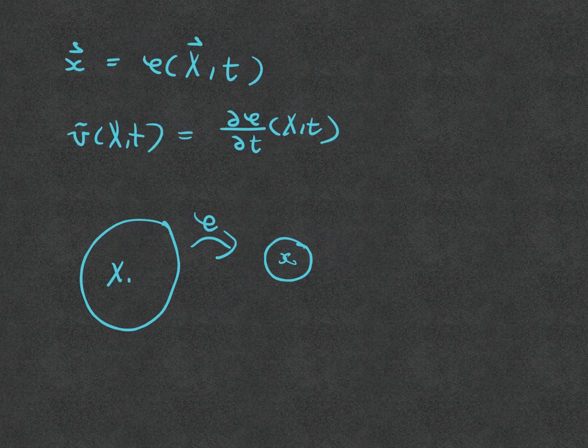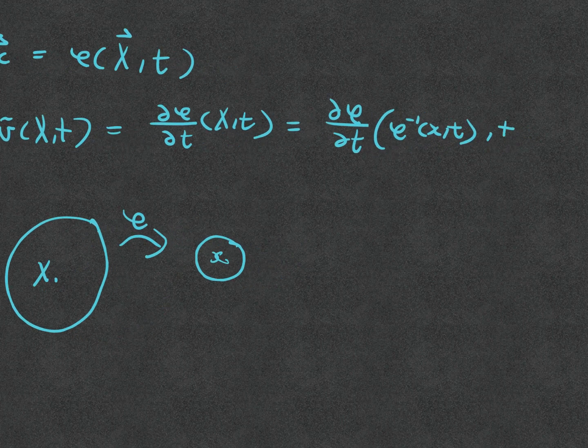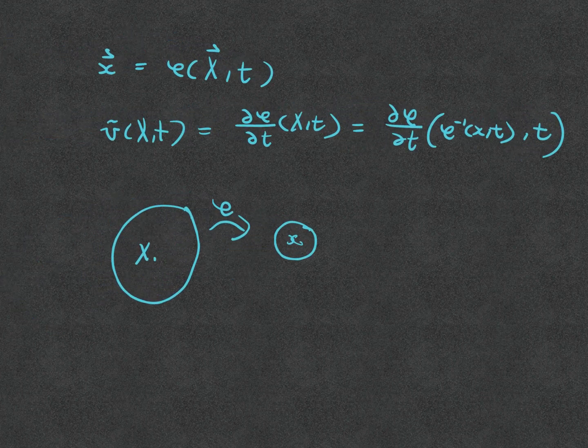And that velocity could also be re-expressed if the inverse maps the current configuration x at a point in the current configuration like this, right? Does that make sense?